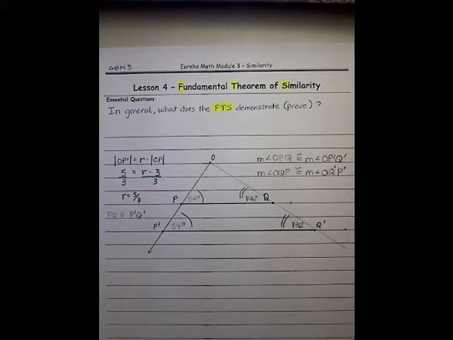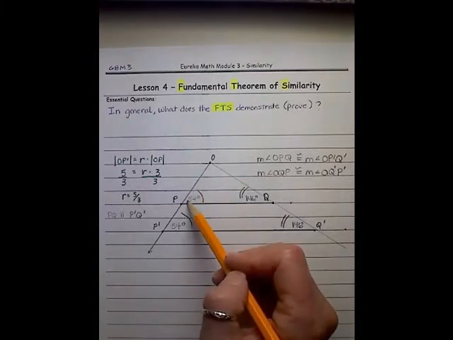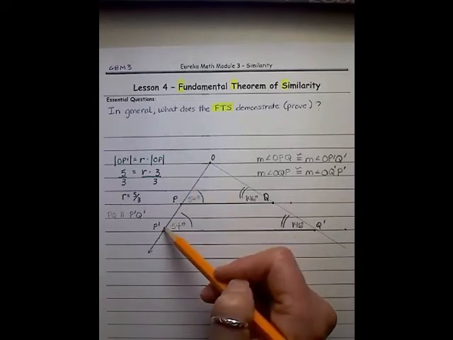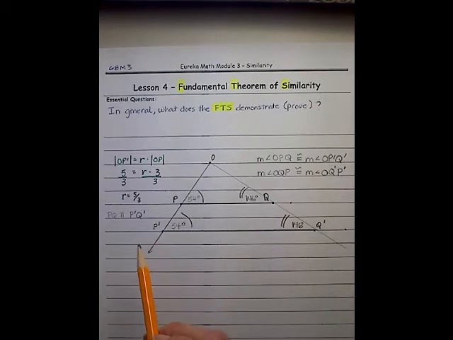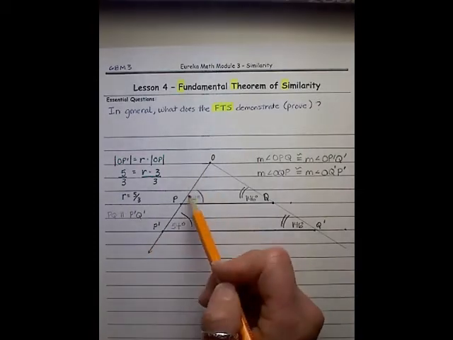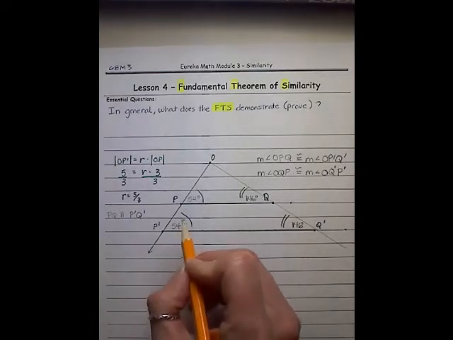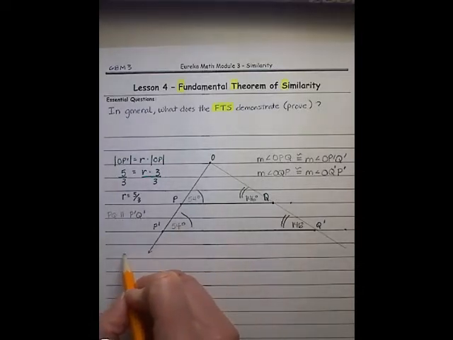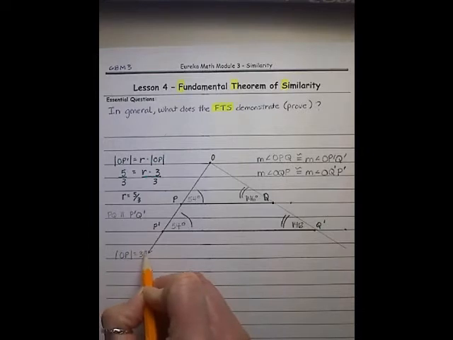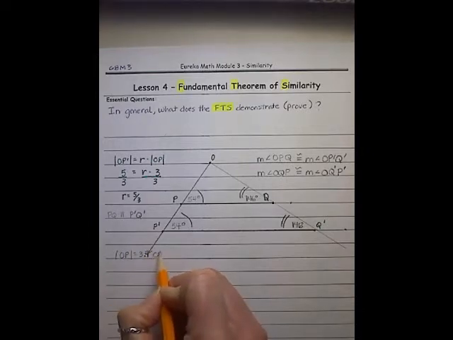Next, use your centimeter ruler to measure the lengths of segment OP and OP'. And then pause the video and go ahead and measure yours while I measure mine. Alright, so I've got OP measuring 3.4, and I'm using centimeters.